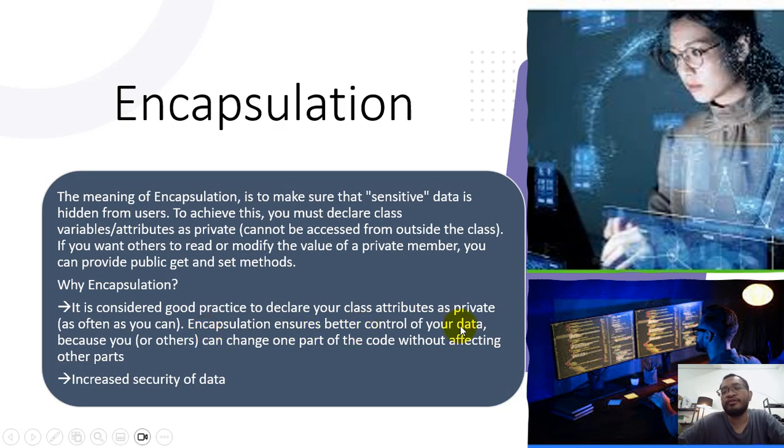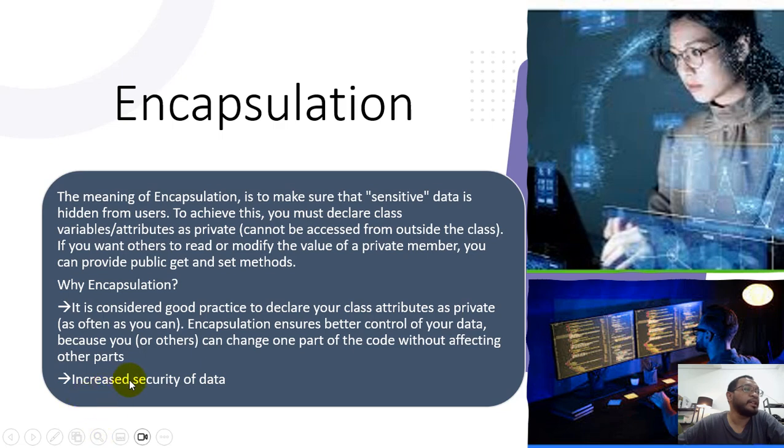So it means that if you have some formula or some indicators that cannot be changed and should not be changed, whether temporarily or accidentally, they will always remain the same. It must remain the same. So it's good to have encapsulation, or put it into the private section.